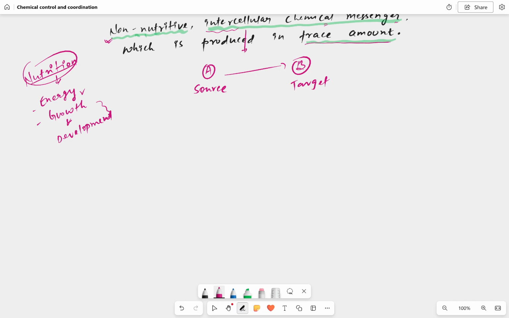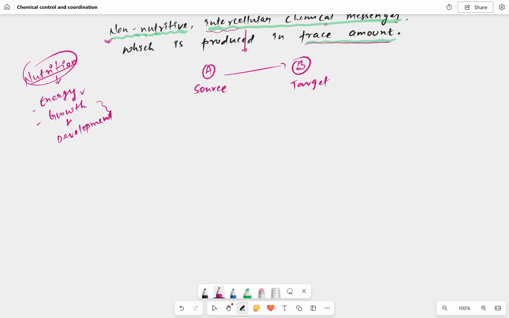Now moving ahead with the topic hormone, let's come to the types of hormone. We are saying that hormones are chemical in nature, so they will show chemical properties.